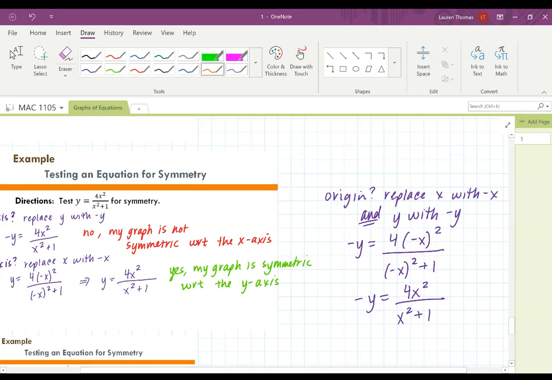And now I'm going to compare this equation that I just found with the original. As you can see, again, they are not the same. The original has positive y equals the right-hand side, and my new equation has negative y equals the right-hand side. So they are not the same. So for this problem, I have to say, no, my graph is not symmetric with respect to the origin.